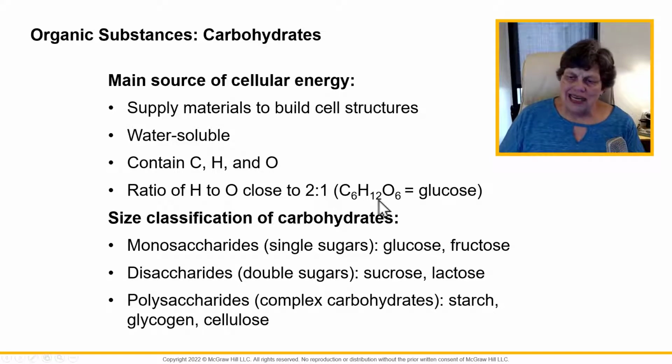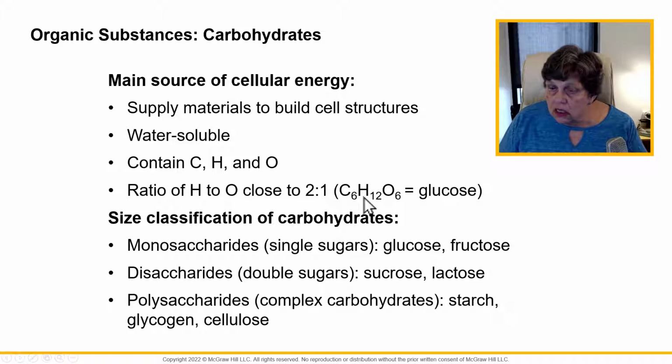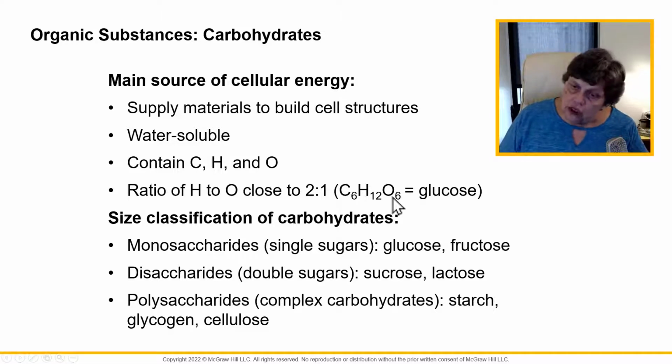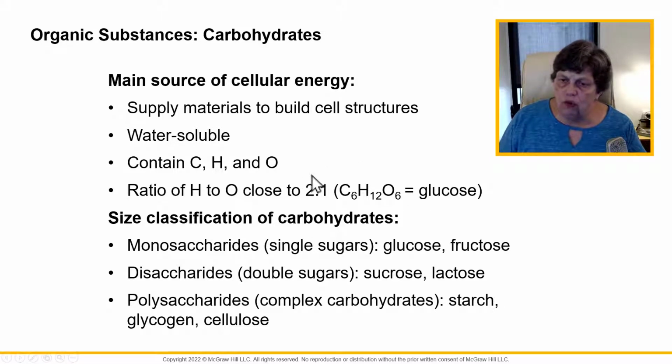Look at our glucose, C6O6, and then the hydrogen is 2 times that number. So C6H12O6, that's glucose. C8H16O8, that's going to be a sugar. Anytime you see that ratio, that's going to be a carbohydrate.